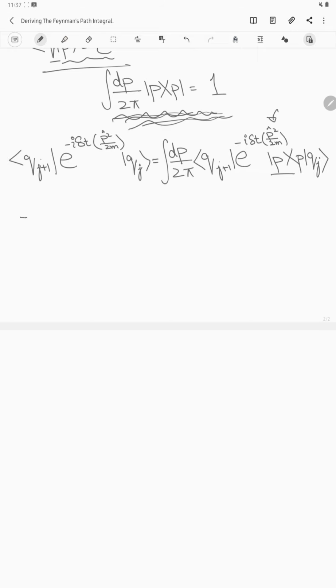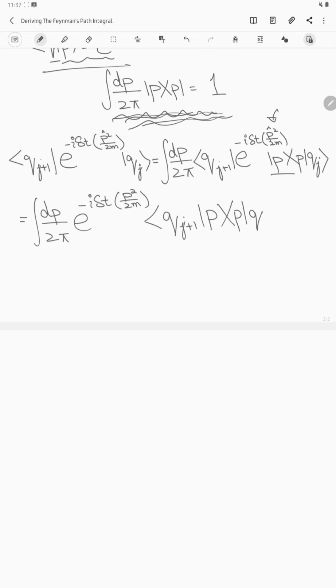So if I do that, I can then write this down as dp over 2 pi exponential negative iota delta t, and now replace it with its eigenvalue, so p squared over 2m. Note that I don't have any hat over here. Now it's just a number and not an operator. And over here I would have ⟨q_{j+1}|p⟩⟨p|q_j⟩.